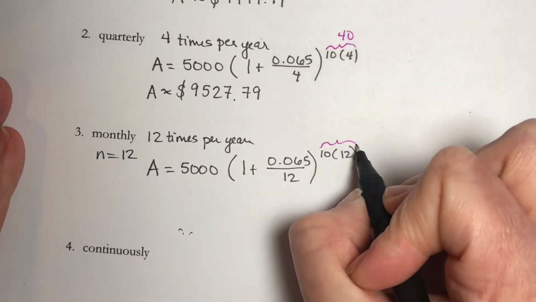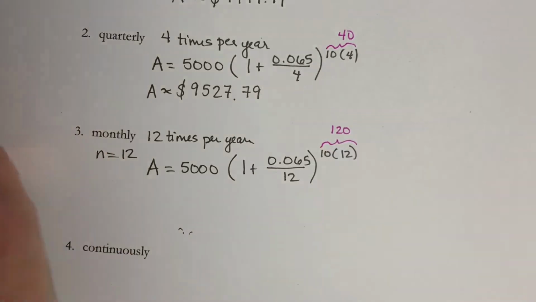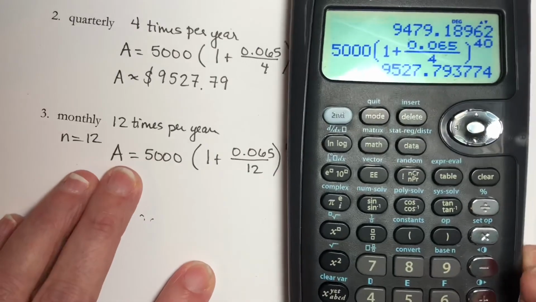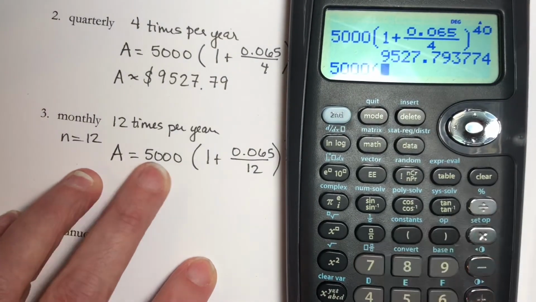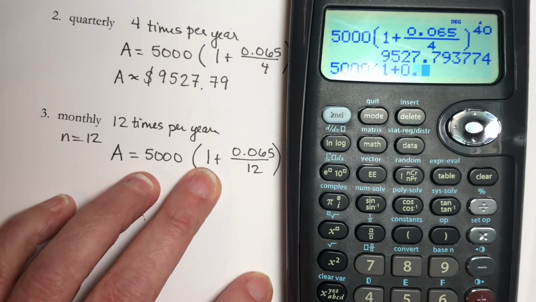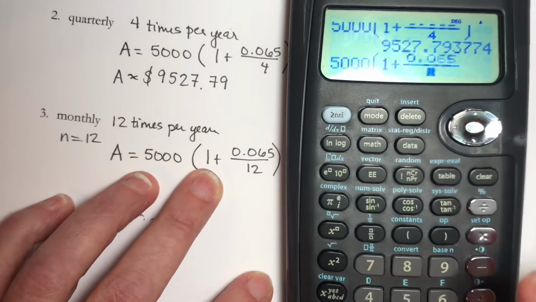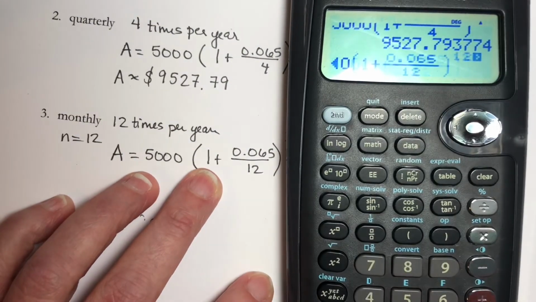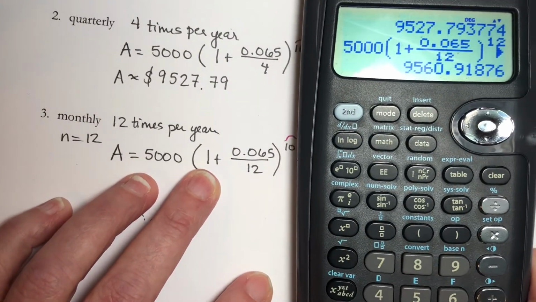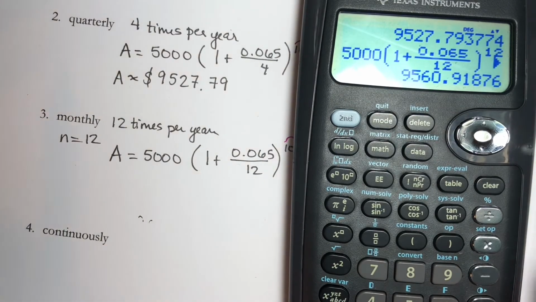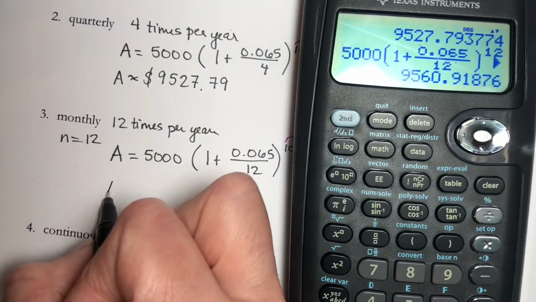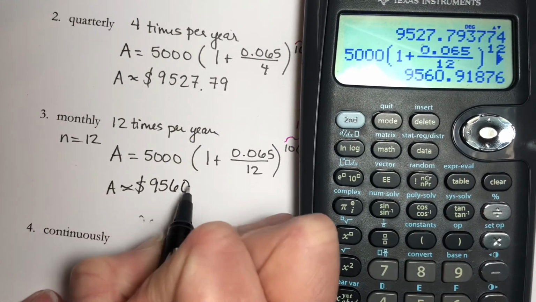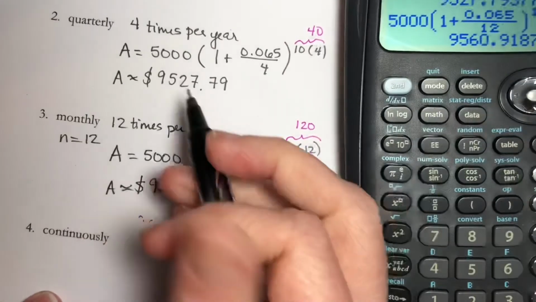So right here, I'm going to put in 120. So 5,000 times 1 plus 0.065 over 12, close parentheses, raised to the 120th power, and you get 9,560. $9,560, and that's going to be 92 cents.